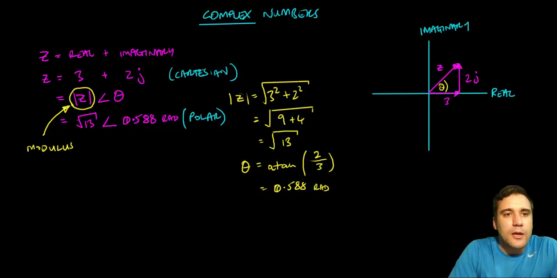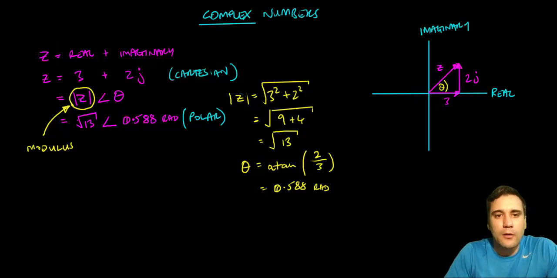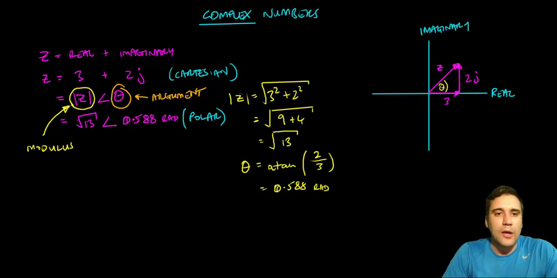And then the argument is this other part here. That part is the argument. It's literally the angle. So if you get a problem where it's saying you've got this complex number, given to you in Cartesian form, find the modulus of the complex number, well, all you're doing is calculating the magnitude.